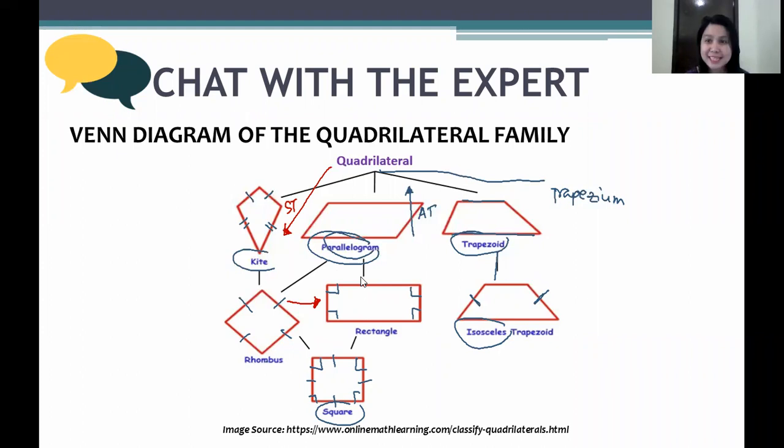The answer is never true. Why? Because a rhombus can never have 4 equal angles. And a rectangle can never have 4 equal sides. Or else it becomes a square, right?